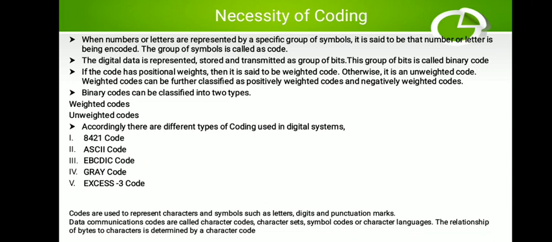Followed? If the machine processes 4-bit data at a time, it will go on increasing as the number of bits increases. If you have 8-bit data, what will be the number of combinations? 2 raised to 8, that will be 256 combinations.